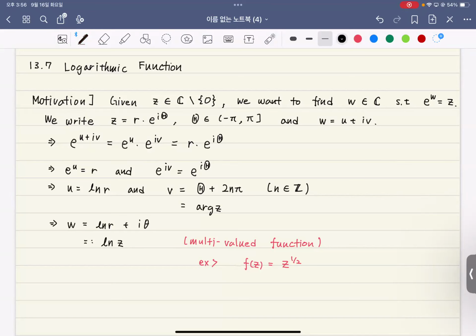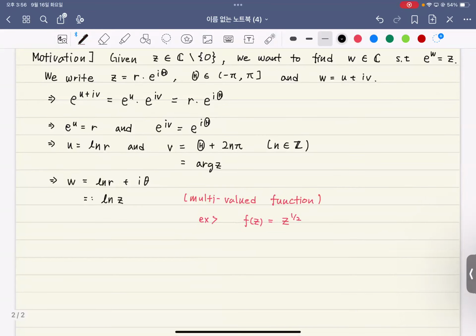Okay. Before I do that, some more terminology. I want to define the capital Ln of z. This is defined to be the natural log of the modulus of z plus i times the arg of z, the principal value of the argument of z.